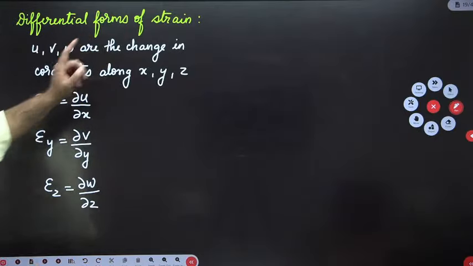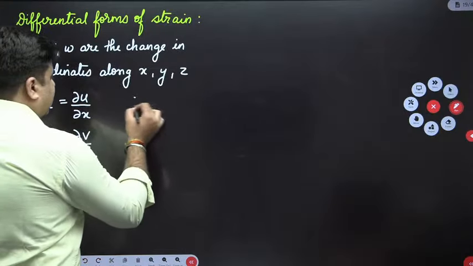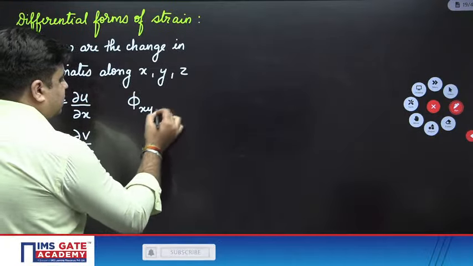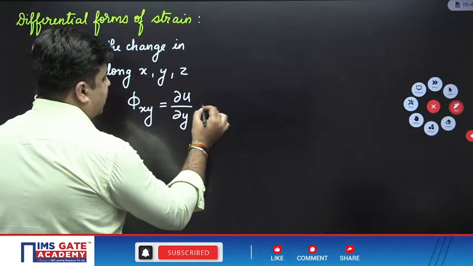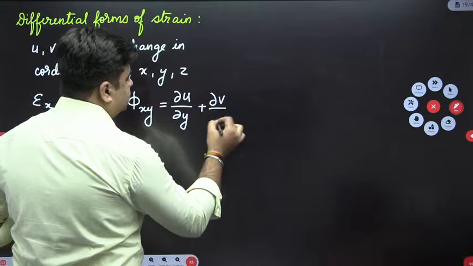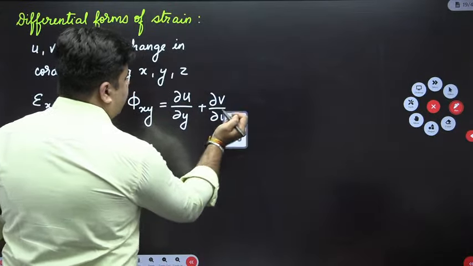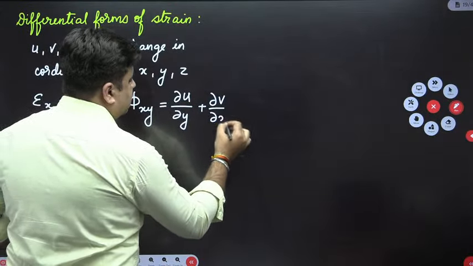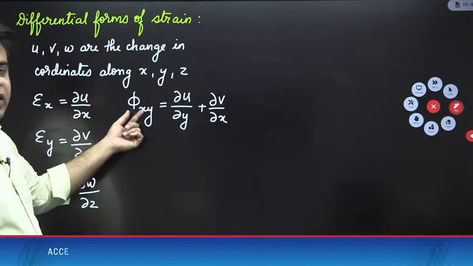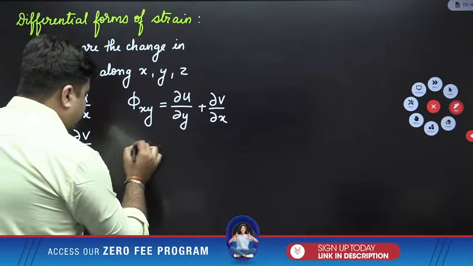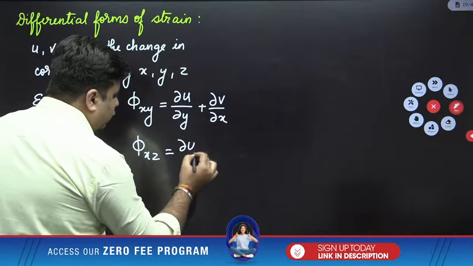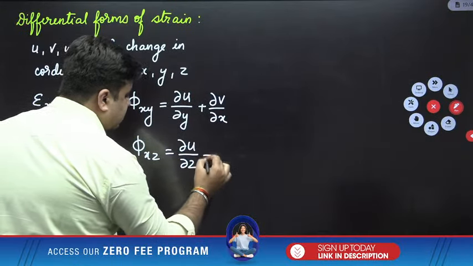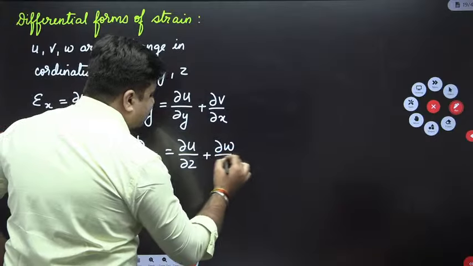This is the normal strain along x, y and z direction. Then the shear strain on the xy plane, phi xy, is equal to del u upon del y plus del v upon del x. Shear strain on the xz plane is equal to del u upon del z plus del w upon del x.